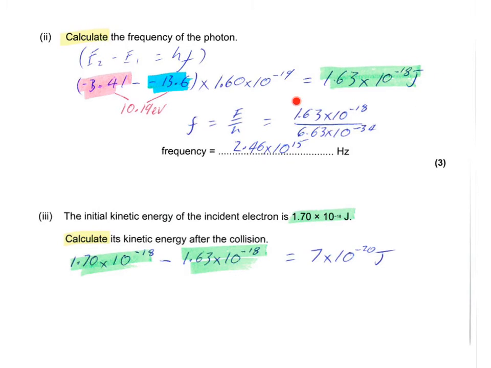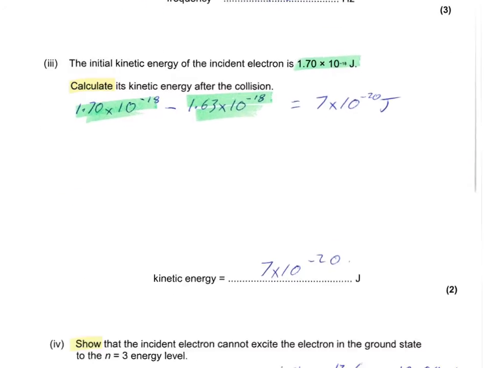That was equal to the energy gap between the two relevant energy levels. So that's the energy the incident electron started with. That's the energy that's passed to the other electron, and so what's left must be the difference between them, which is 7 times 10 to the minus 20 joules, and that will be left as kinetic energy in that incident electron.